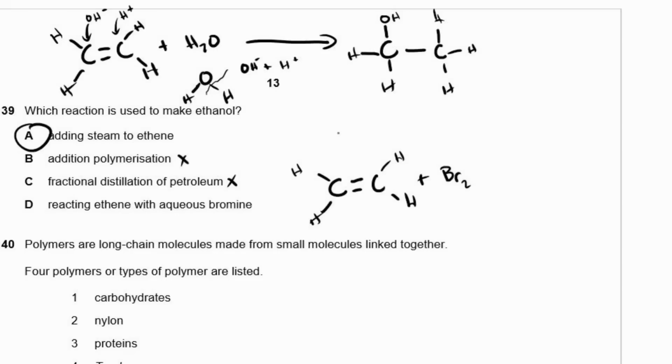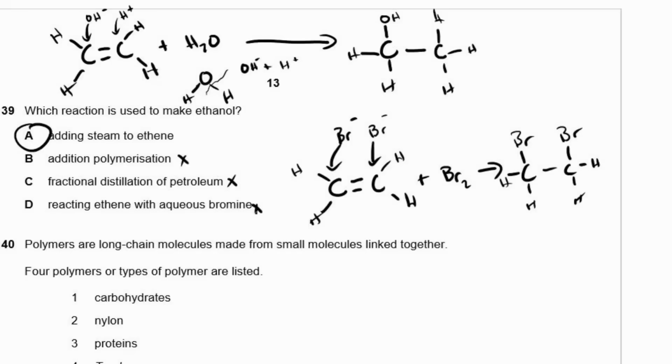Okay, so that will be 1 Br minus going to this one, 1 Br minus going to this one, and you will end up with C with 2 H's, C with 2 H's, because those don't leave, and a Br on one and a Br on the other. That's not going to do much good. That is not the answer either. So the answer is A.